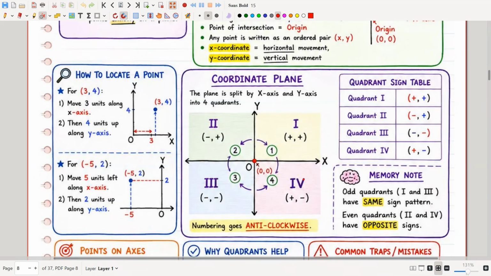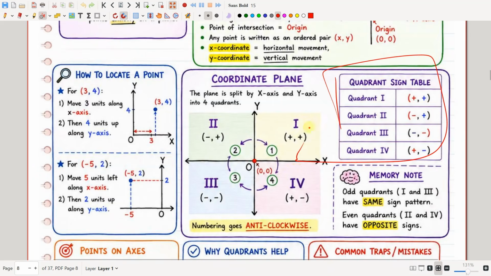Okay, so this is the quadrant sign table. So if your point is minus 5 comma 2, you can look at this chart and say that it will be in quadrant 2. If it is 5 comma minus 2, then you can say that it belongs to quadrant 4.